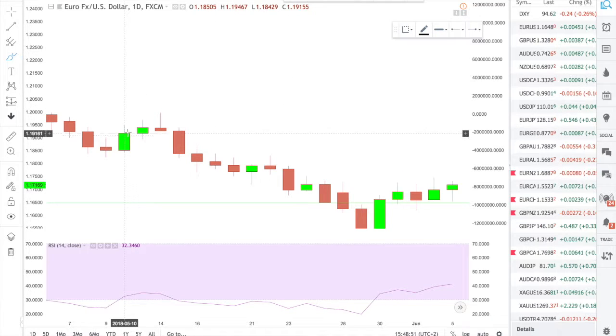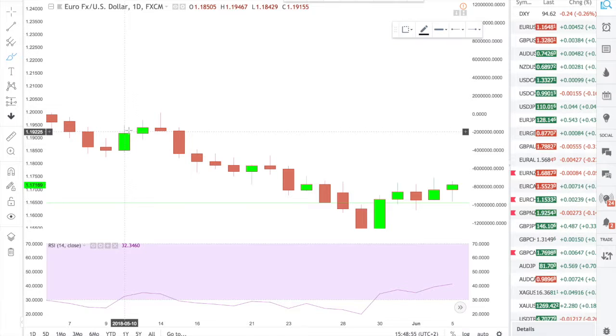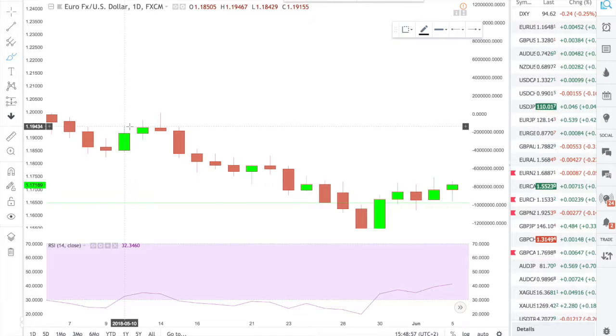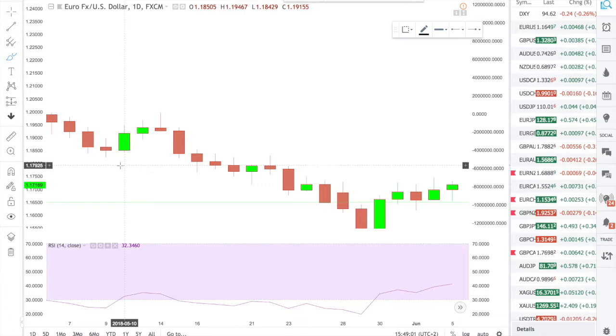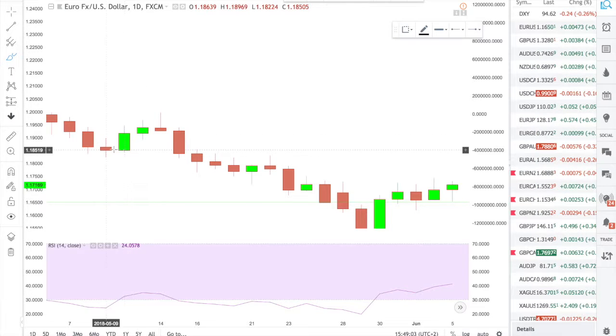But you can see the wick, that price moved all the way up to this point. So this green candle starts at the lower point, then ends at the top.